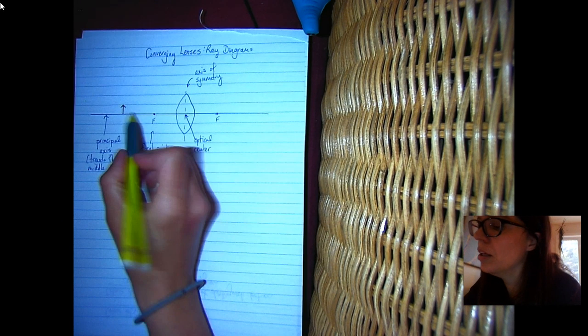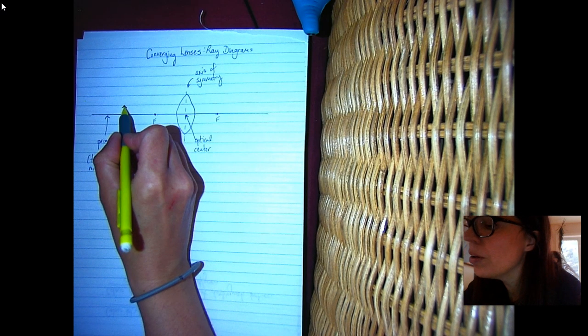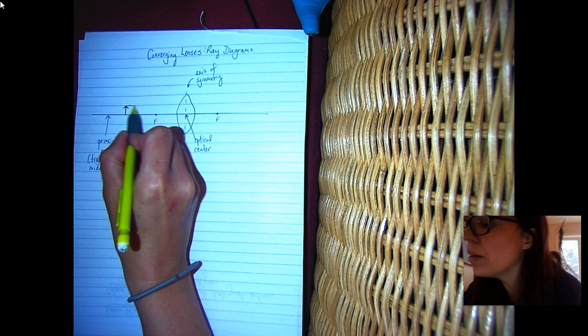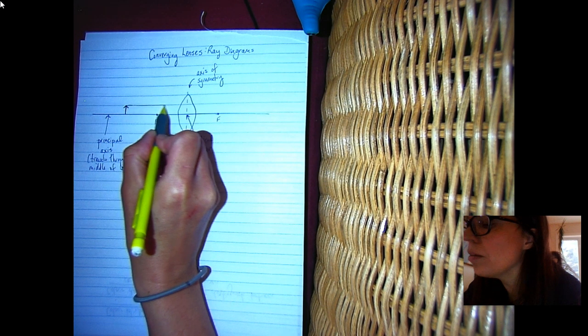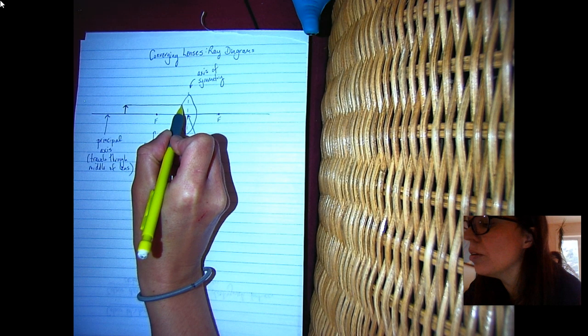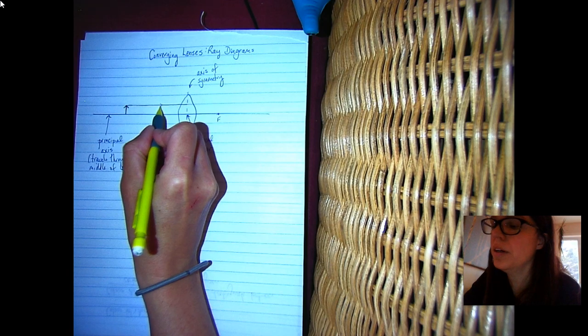So first thing is one of the lines you can choose to do, I'm going to scrap even this one, is to go straight. If you have a ruler, use a ruler until you hit the middle of the glass like this. I'm going to put a little arrow there to show the light ray is headed in this direction. Okay.